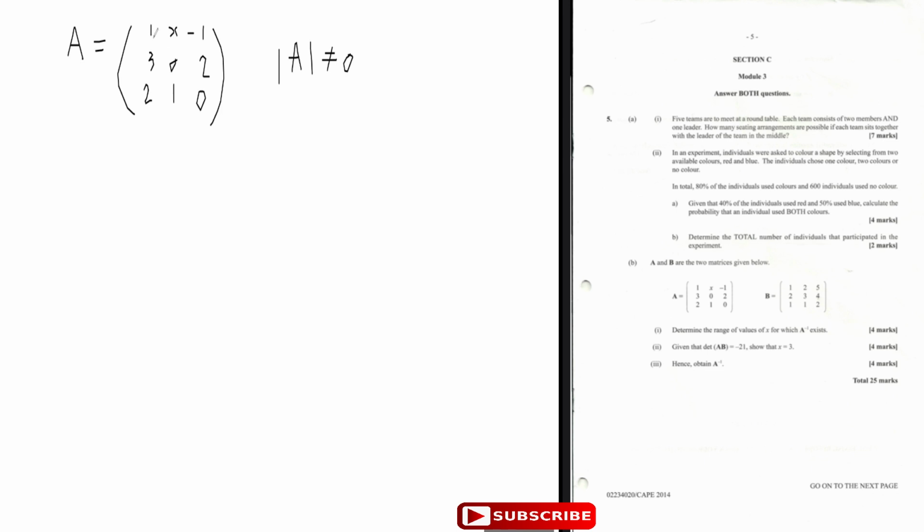Now to find the determinant of A, we can use column 1 or we can use row 1. I'm going to use column 1.